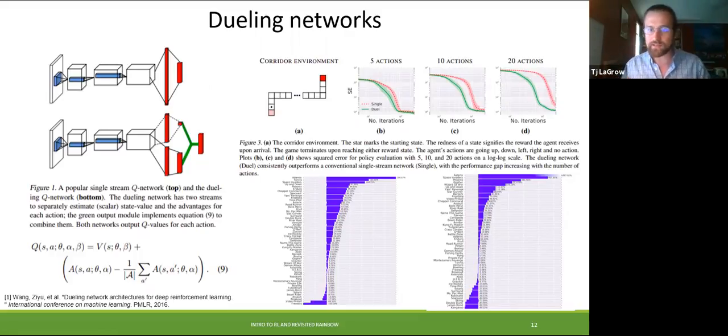The output of the two streams is then combined to try to get the best of both worlds. Here I have the updated equation for the Q values of each action, and then what they tested on in the original paper in 2016.